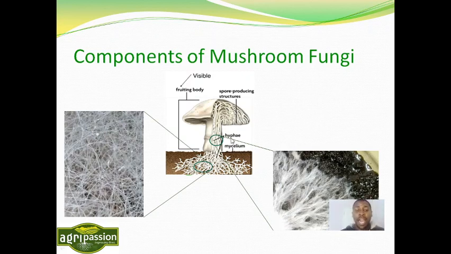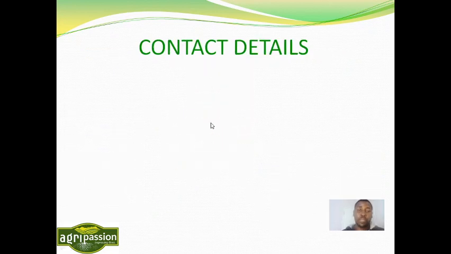So hyphae is the smaller unit which combine together to form a bigger unit that we call mycelium. Mycelium is going to bunch and differentiate. When it differentiates, this is when we get things like the fruiting body, which is the mushroom that we see outside of a media, outside of the soil when you are in the field.